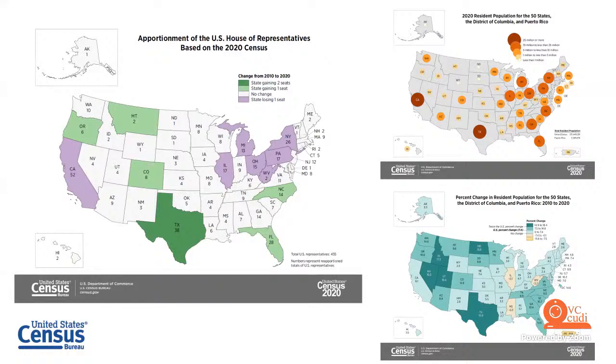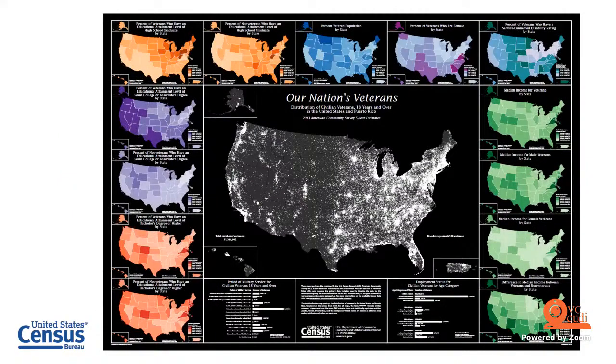On the top right is the graduated circle map that you saw on a previous slide that shows the total resident population. The map in the bottom right shows the percent change in resident population, where the increases are shown in shades of teal and the decreases are shown in shades of orange.